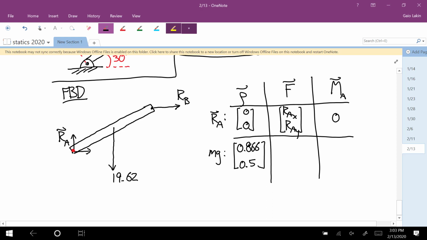And the weight force is 0, negative 19.62. And the cross product, what do you get for 0.866 times negative 19.62? Negative 16.99?